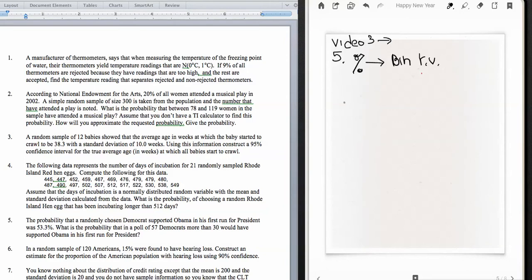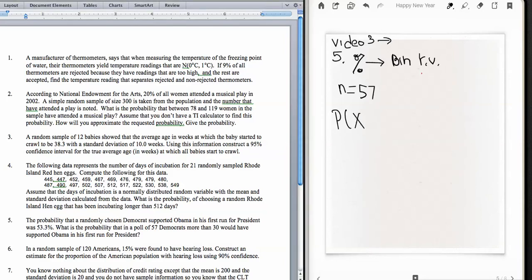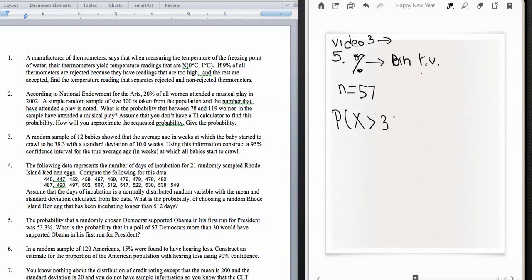So we're saying that the probability that in a sample of size 57, the random variable, the number of Democrats that supported Obama on his first run for president, that's our X, is greater than 30, and it is strictly greater than because it's more than.